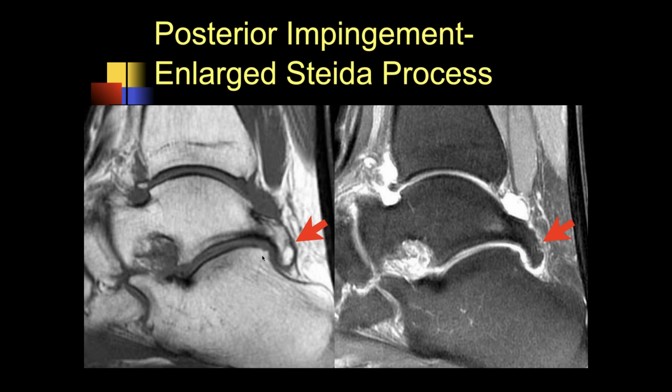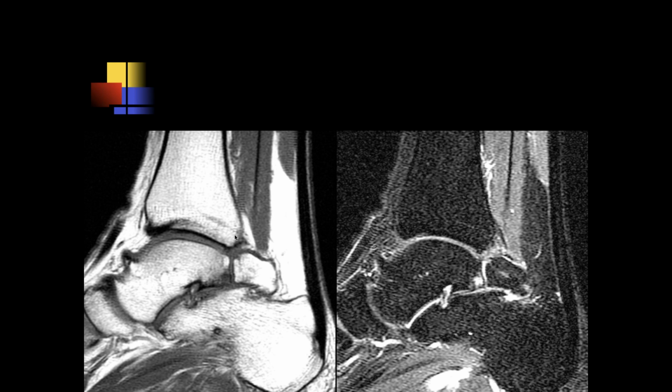These can be various sizes, and as you all already know, you can get fractures at the base of these Stieda processes and end up with an os trigonum back here, which is usually described as a congenital variant, though I believe most of those are probably old fractures at the base of the Stieda process. And this is just an example of an os trigonum.